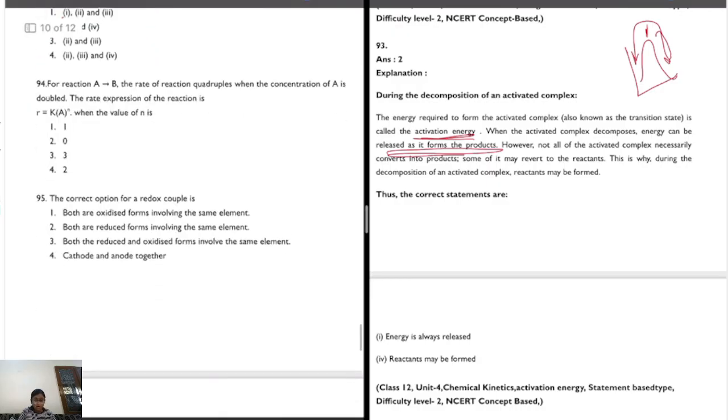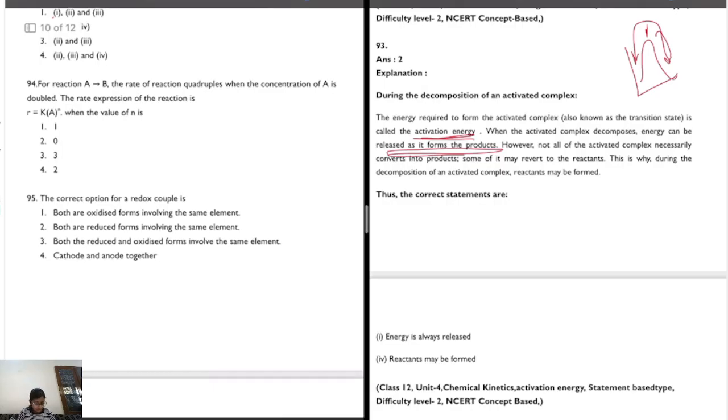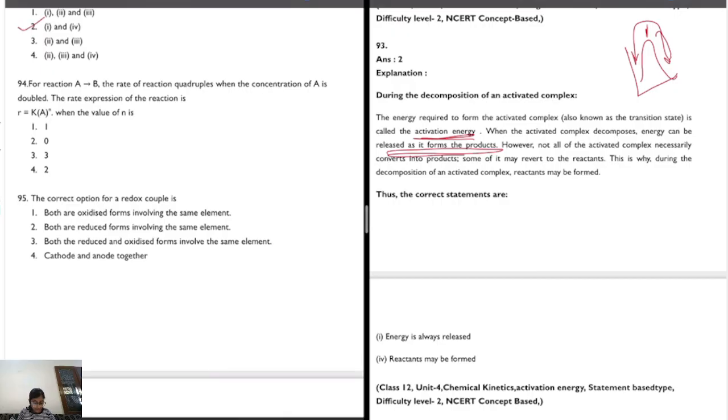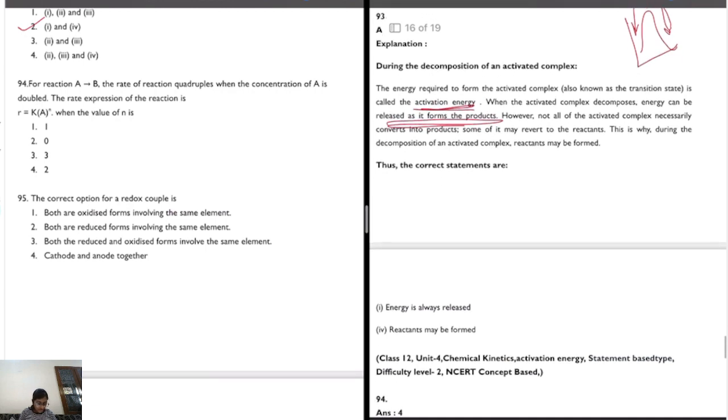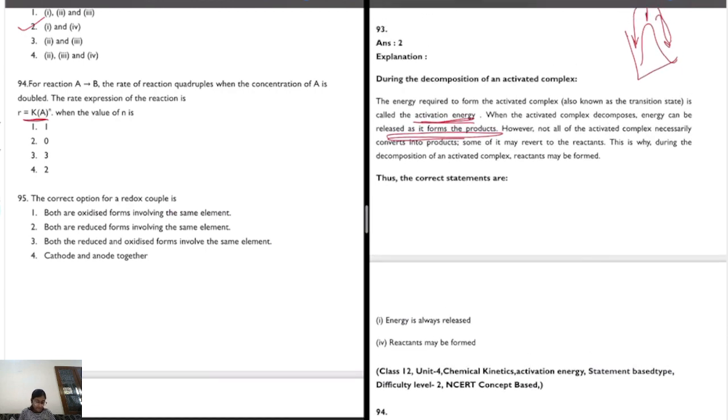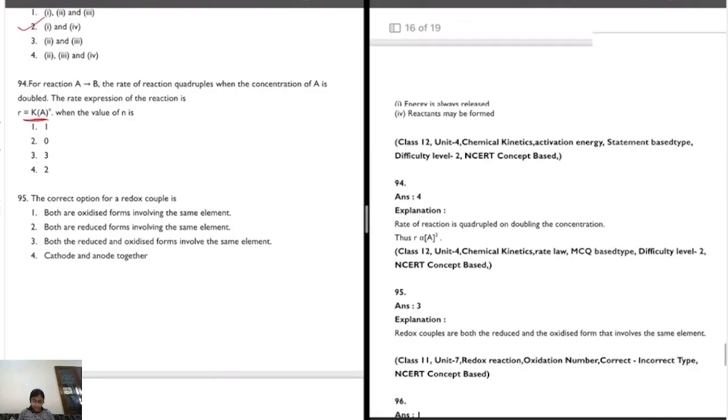In the next question, for a reaction A to B, the rate of the reaction quadruples when the concentration of A is doubled. The rate expression is given to be this, and what is the value of n? This is easy. How will we do it?